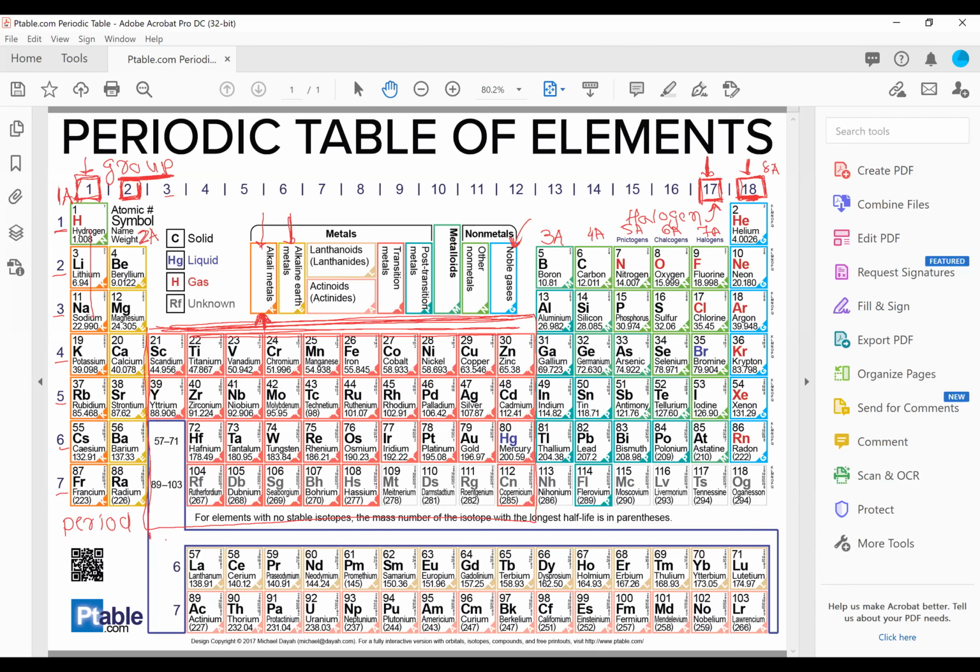Now, what we're going to learn from this periodic table is about each box you see in it. You see so many boxes in this periodic table. Just for your knowledge, the total number of elements that we are aware of in the current periodic table is 118.